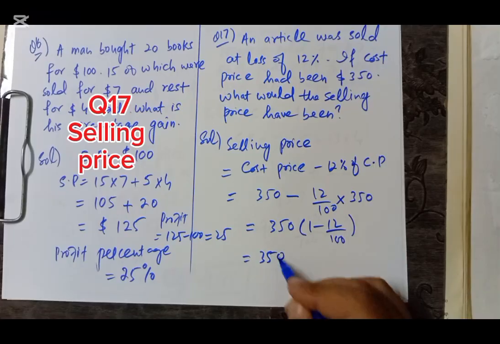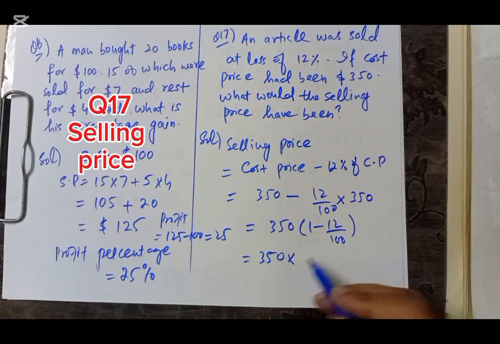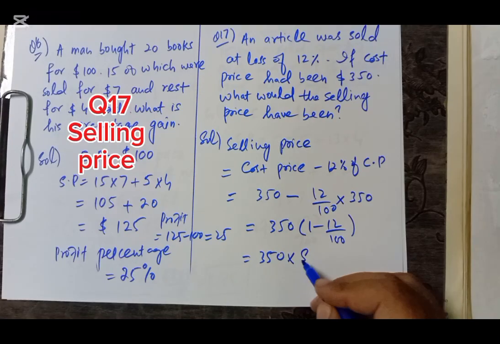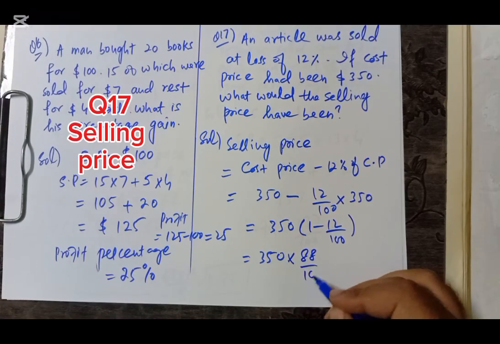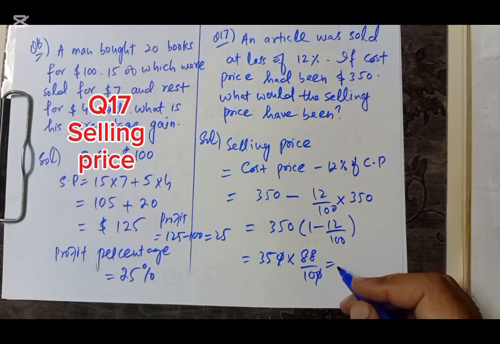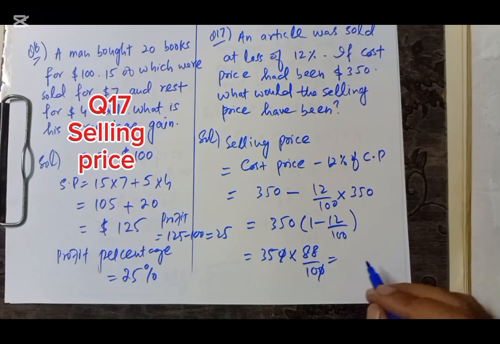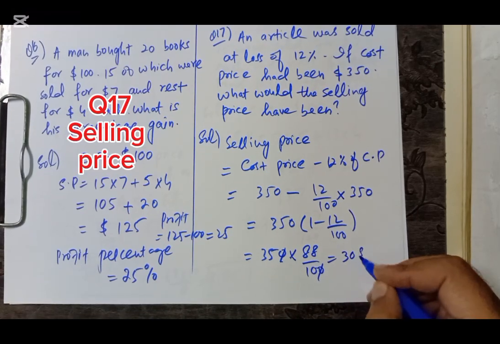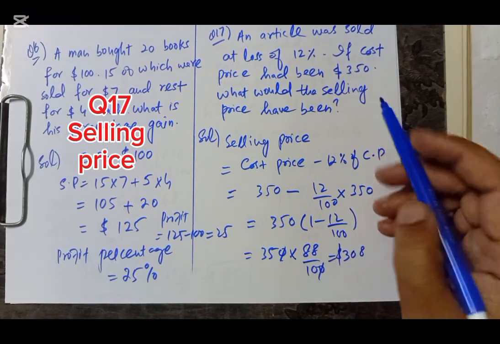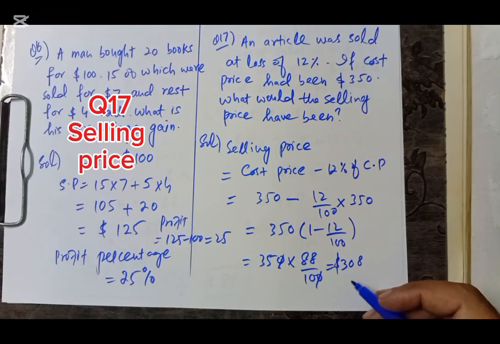This gives 100 minus 12, which is equal to 88 upon 100, and this 0 will be cancelled with this 0, and on simplifying it, the price we get is 308. So if there was a loss of 12%, then the selling price should be $308.